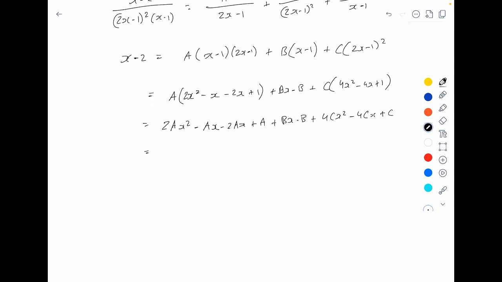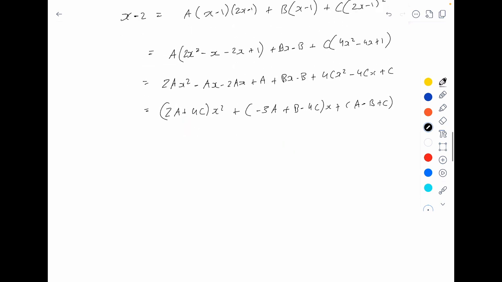Okay, and if we rearrange all this, what do we get? We get 2a plus 4c times x squared, plus negative 3a plus b minus 4c times x, plus a minus b plus c.